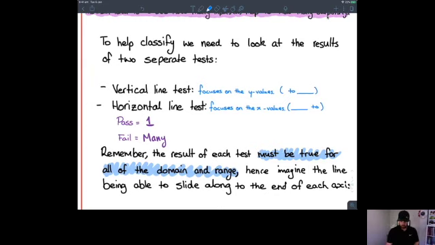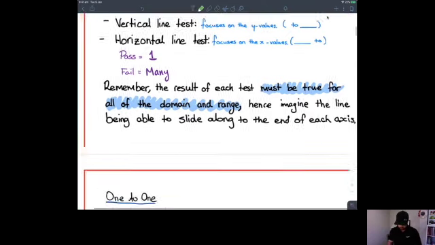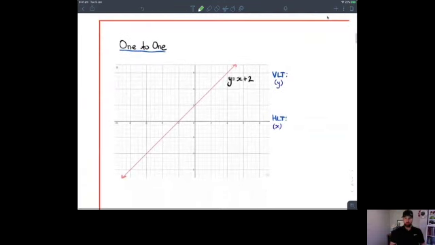Let's go ahead and look at some examples here. We're going to look at an example of a one-to-one function. y equals x plus 2 is a one-to-one function, and I'm going to show you how these tests work. The first test, the one we're probably the most comfortable with, is the vertical line test. So I am just going to draw any vertical line.